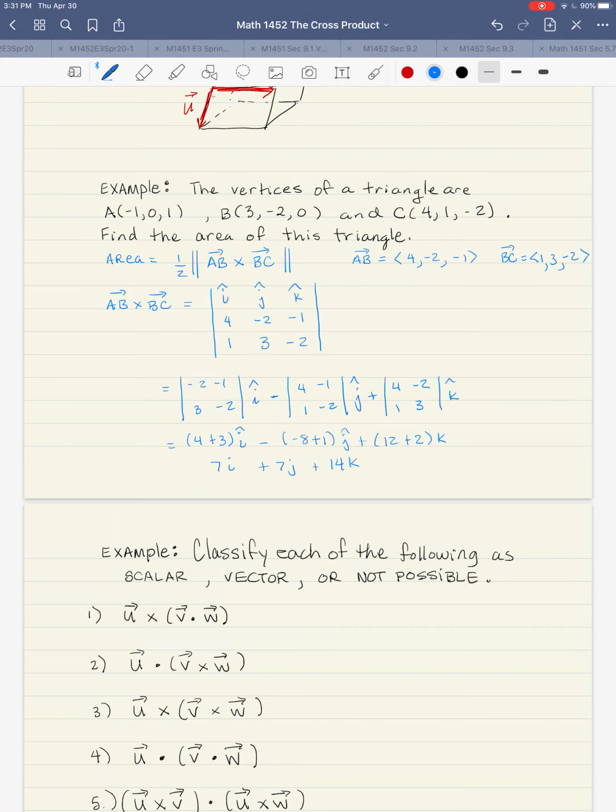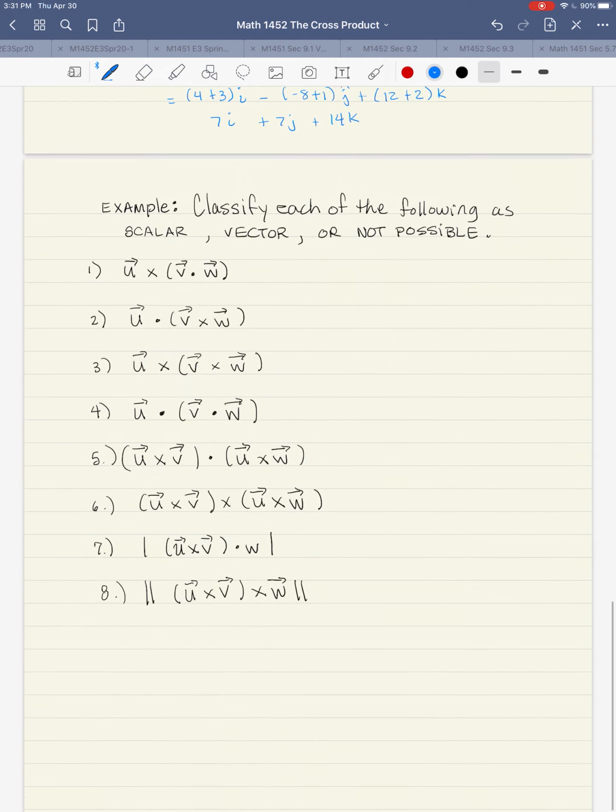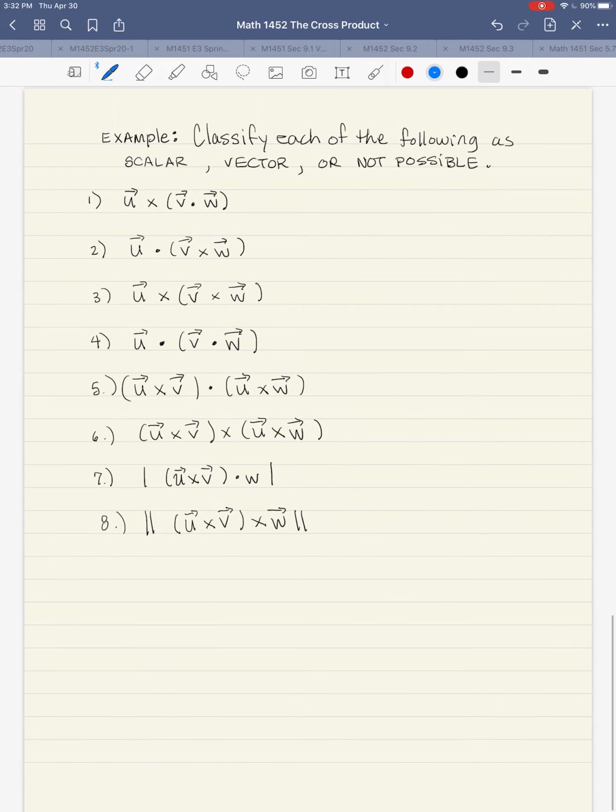So I get 7I plus 7J plus 14K. And then by the formula, the area is 1/2 the magnitude of that. So the magnitude will have 7 squared plus 7 squared plus 14 squared. And so we'll just blow off getting the number. That's the area of that triangle.